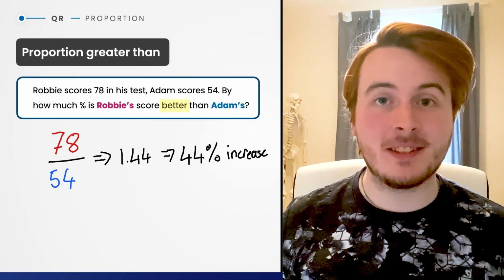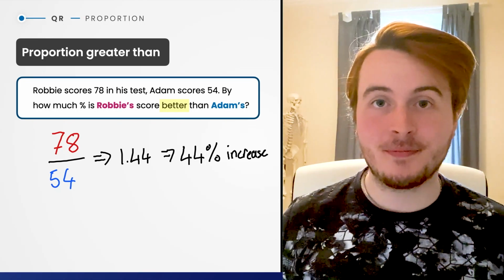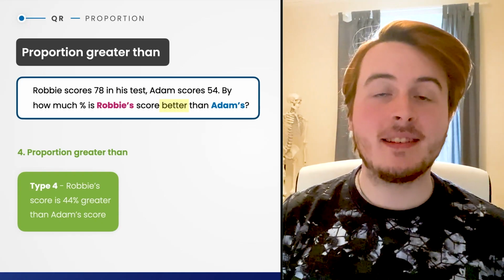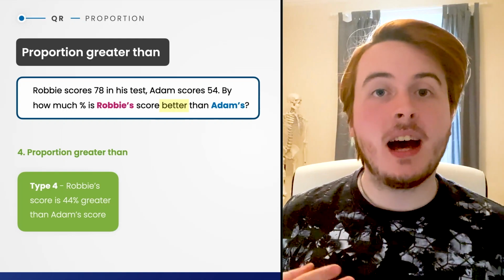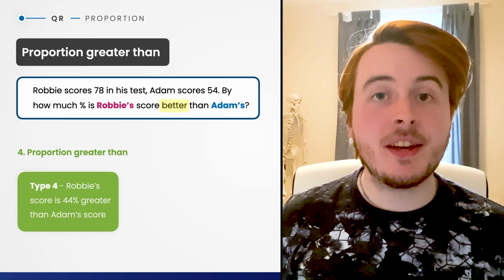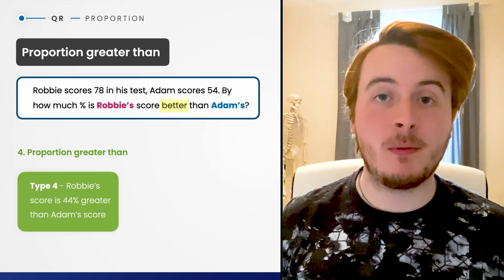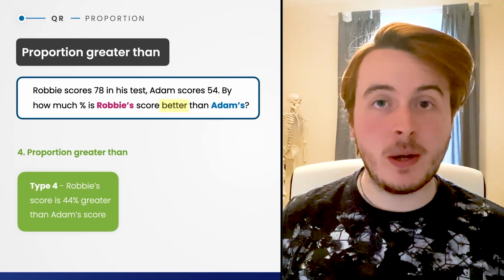We're using the same skill, so it's really important that you've understood what we covered in the previous lesson first. This was an example of a proportion greater than question. We were asked by how much percentage Robbie is better than Adam, and we got 44%. This may also be asked as a proportion of an amount question, with very similar logic and a similar equation.